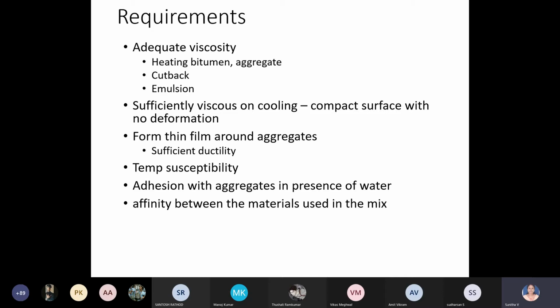That's the stripping value test. The consistency of the bitumen should be such that it does not strip off from the aggregate in the presence of water.